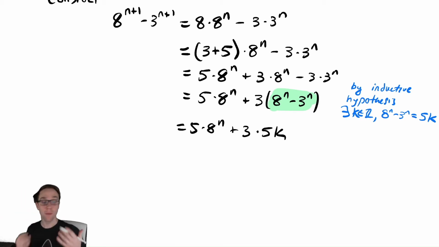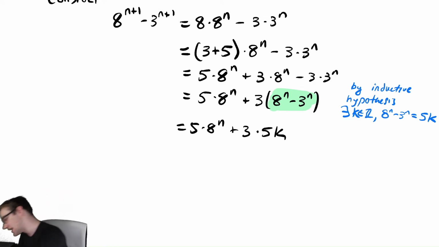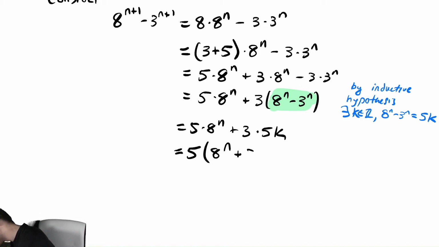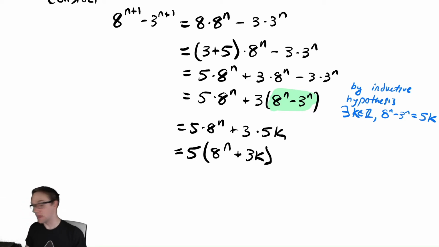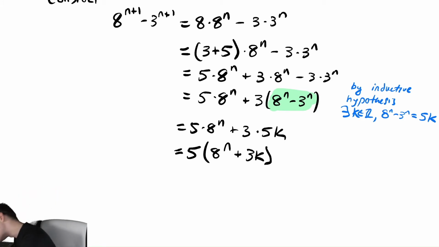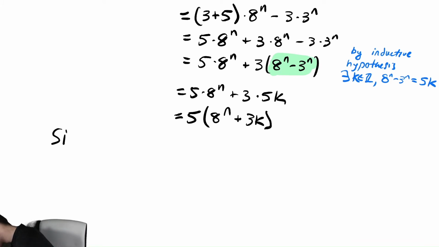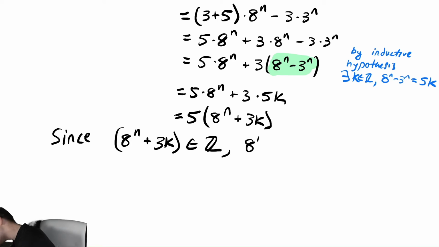And now, remember, our goal is to show that this is divisible by 5. So we're going to factor a 5 out of that. And we get 5 times 8 to the n plus 3k. And just like in our previous examples, that thing there, 8 to the n plus 3 times k, is an integer. So since that thing is an integer, the original expression, 8 to the n plus 1 minus 3 to the n plus 1, is divisible by 5.